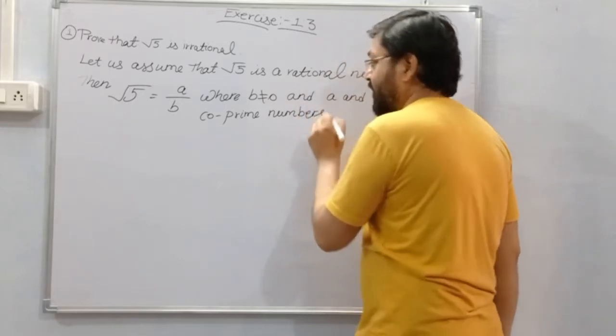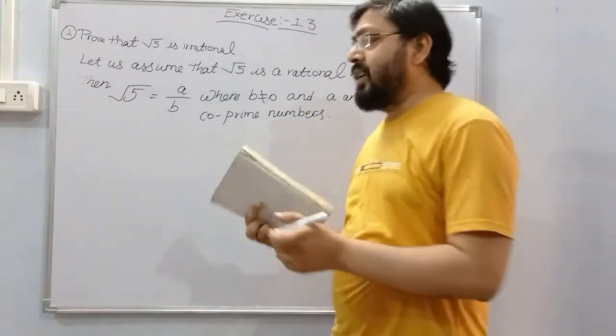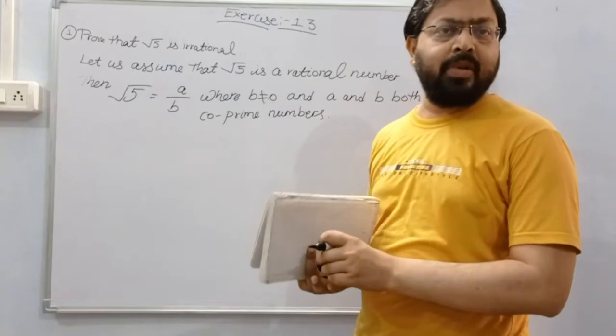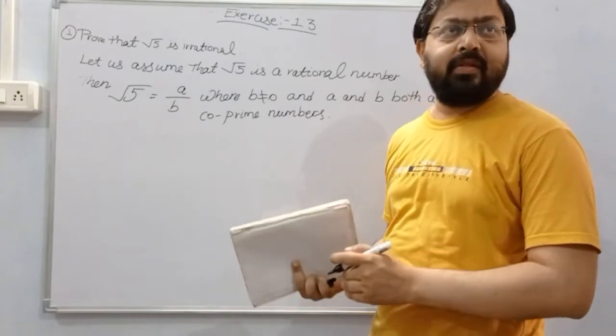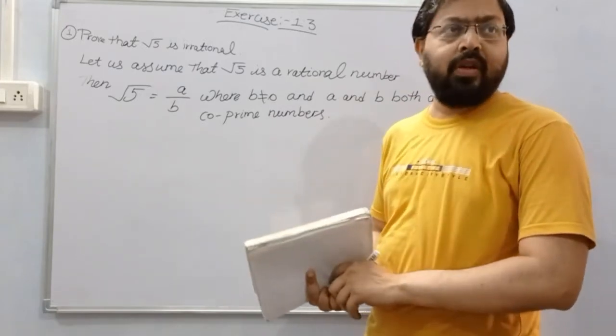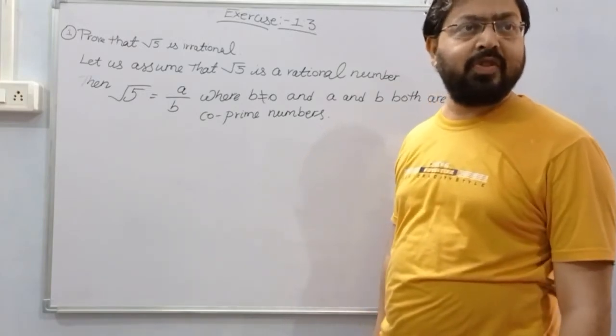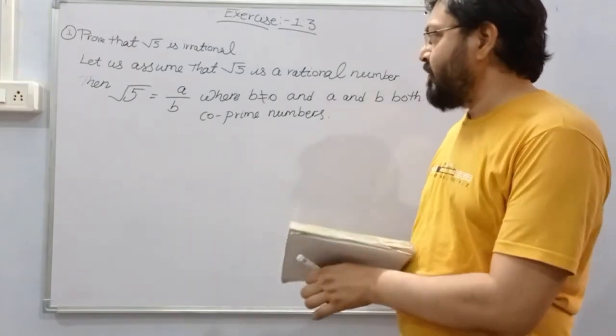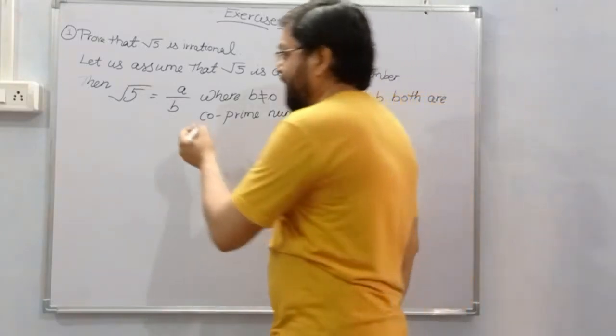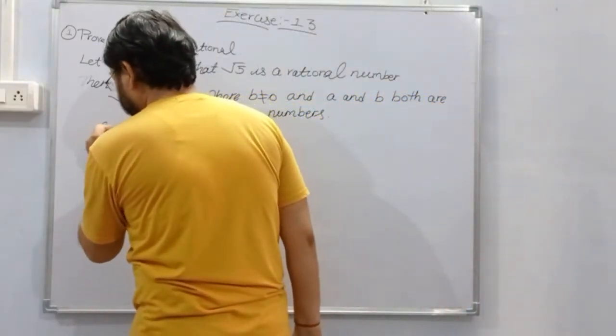Co-prime numbers: if any two numbers are co-prime, then their HCF is 1. Means if you calculate the HCF between those numbers, you will get 1. Okay. Now I have done squaring on both sides.